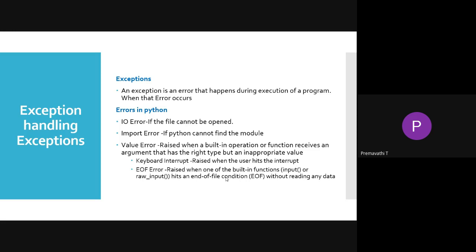It may be a keyboard interrupt or an end of file error, which may be raised in these cases. One may be a keyboard interrupt. Another may be the end of file error.